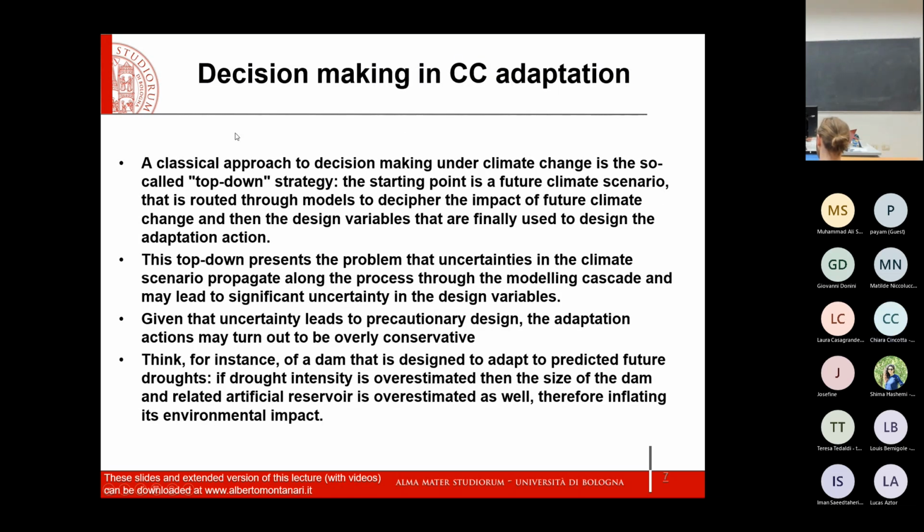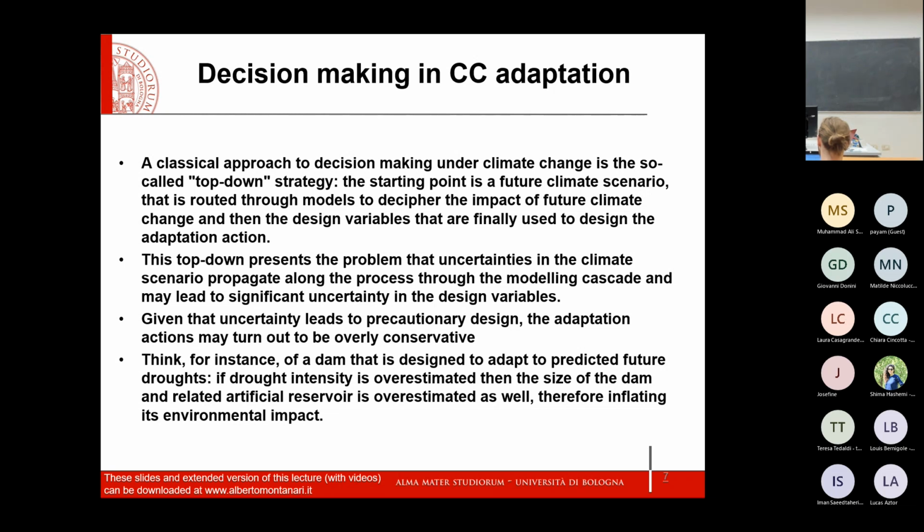Okay, so let's try to give some more information on decision making, and then we will redirect our discussion on how to design climate change adaptation in practice. So a classical approach to decision making under climate change is the so-called top-down strategy.